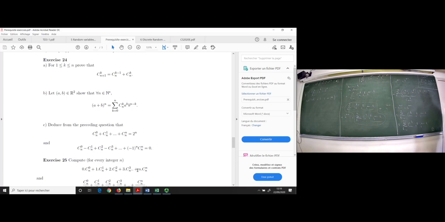Second sum here. What is the difference between this one and this one? Here I have alternance between 1, minus 1, 1, minus 1, and so on. So instead of the sum of the C(n,k) here, what I am interested in is 1 minus 1, 1 minus 1, so I can write it this way.